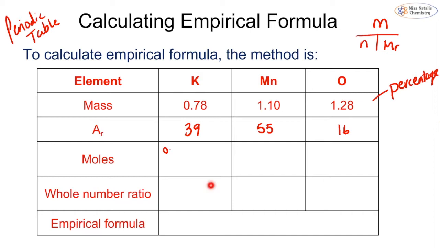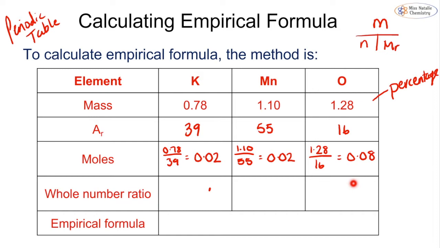So I'm going to start with 0.78 divided by 39, and that gives me 0.02. For the manganese, I do 1.10 divided by 55, and that also gives me 0.02. For the oxygen, I would do 1.28 divided by 16, and that gives me 0.08.